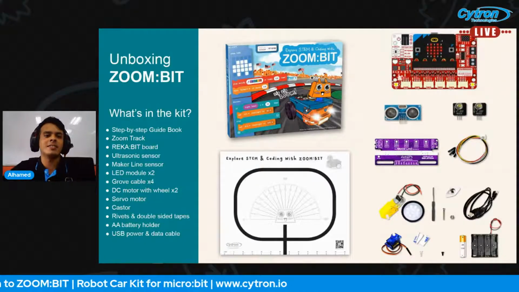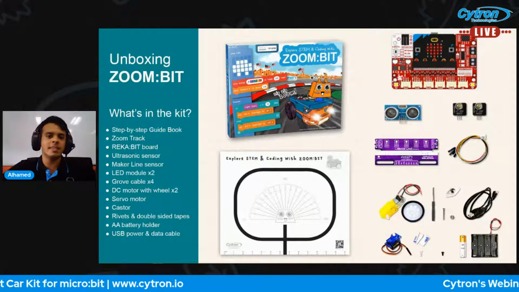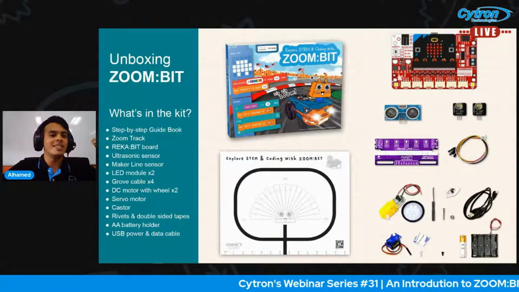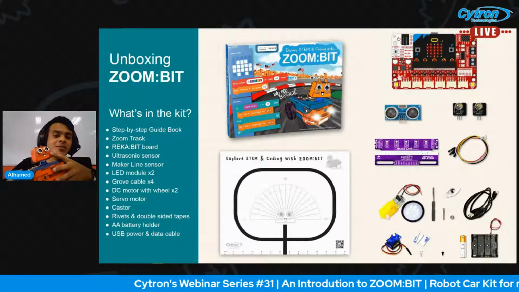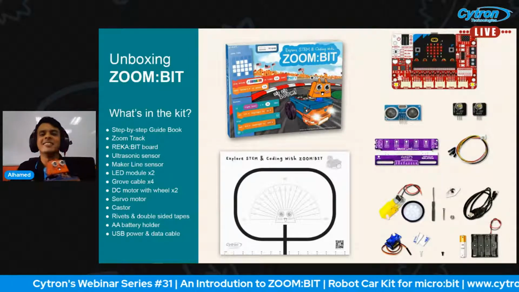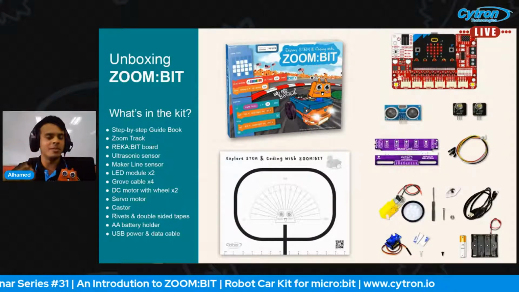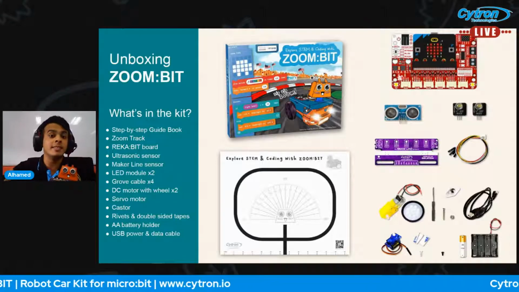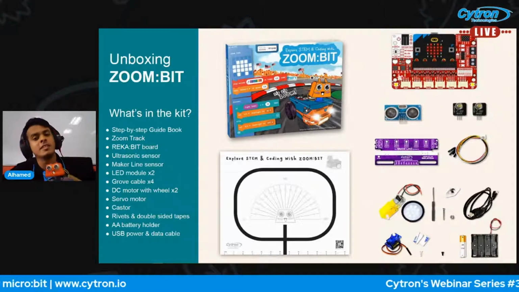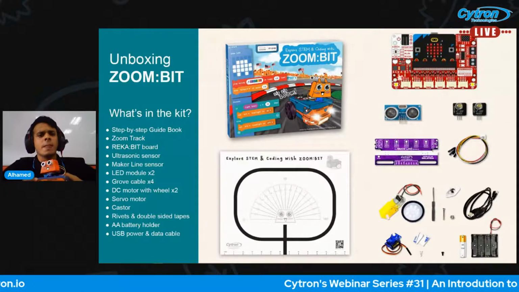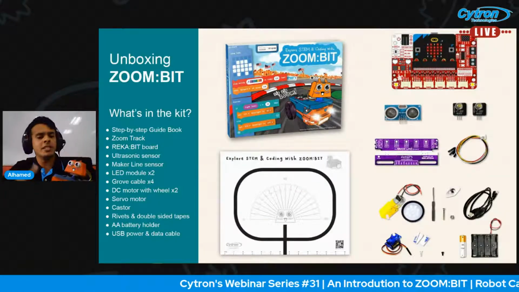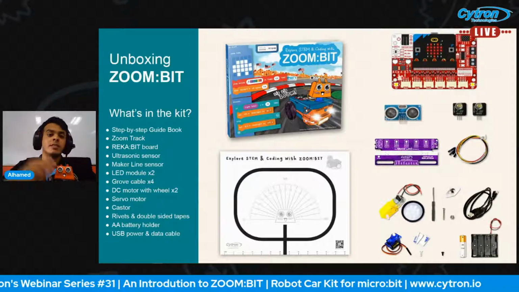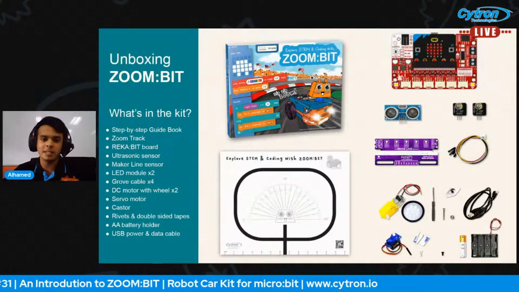What else do we got? All right, let's proceed to the next element we have here, the ultrasonic sensor, which represents the eyes of ZoomBit. Just to let you know the purpose of that sensor, it basically measures the distance to an object using ultrasonic sound waves. One of the book chapters includes a lesson that teaches you how to use the ultrasonic sensor to let the car avoid obstacles.